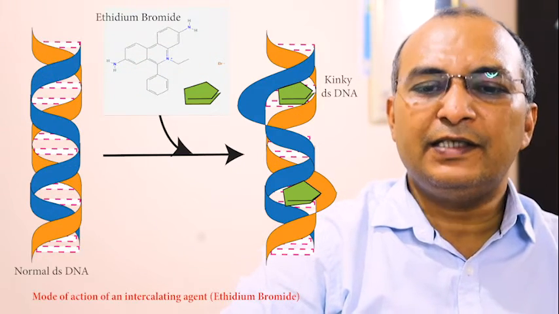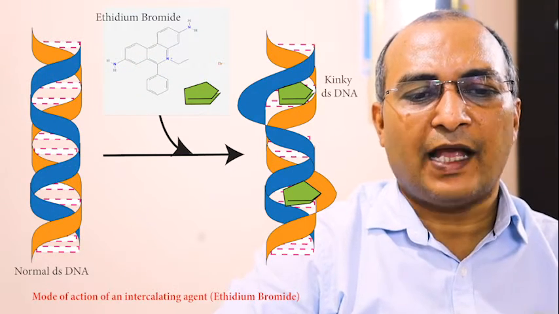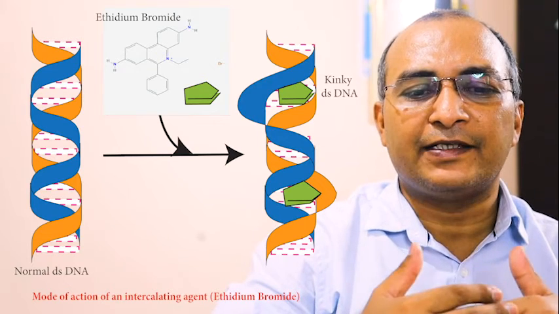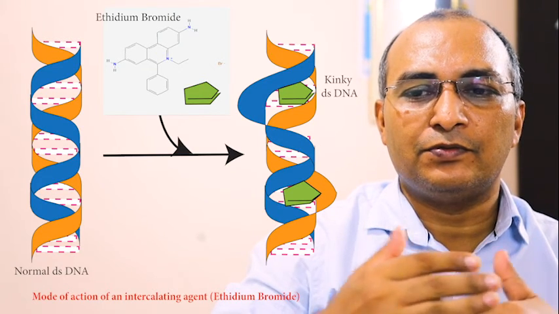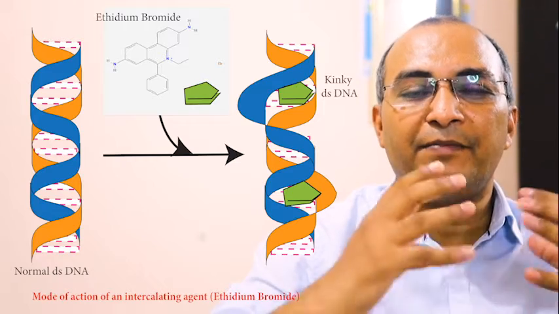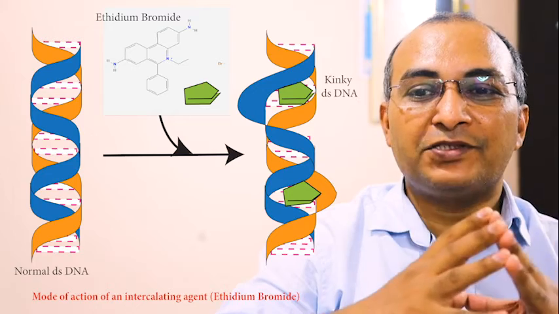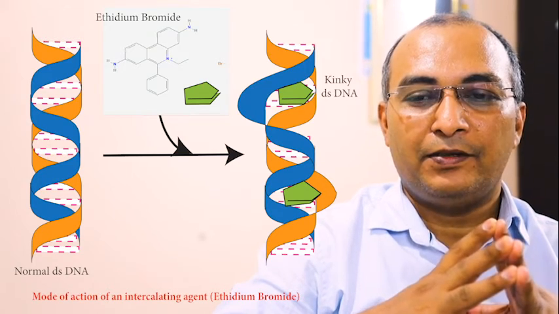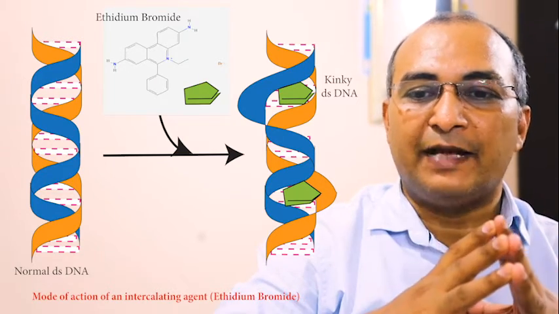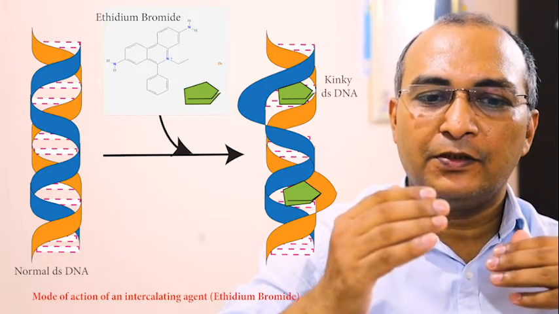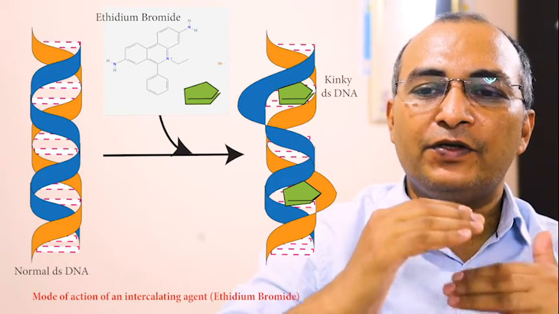The third group of chemicals used in induced mutation are intercalating agents. As the name suggests, they are present between two nucleotides. These chemical molecules have a dimension and shape that allows them to wedge between the nucleotides of DNA.